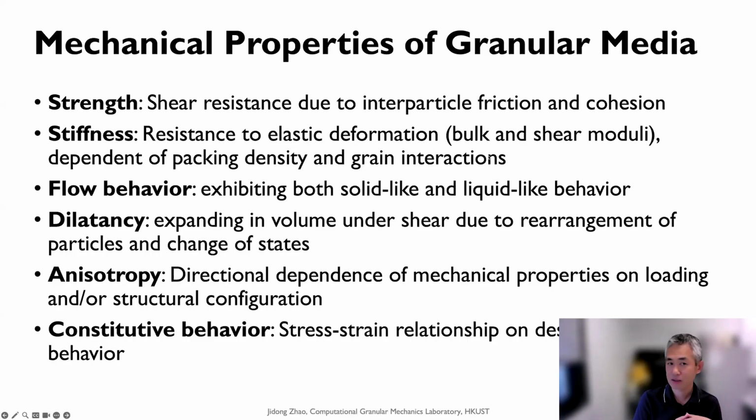They are functions of the packing density, grain interaction, and other state variables. And also the flow behavior of granular material is a typical property that describes the solid-like and liquid-like behaviors and their transition here. And also in soil mechanics and many other fields, such as granular physics, they refer to another important property called dilatancy.